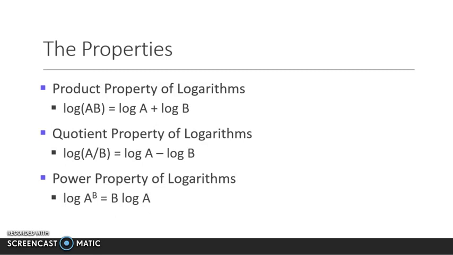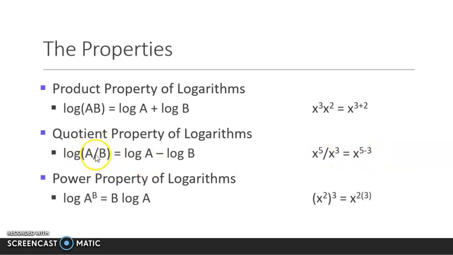So let me show you a little bit about why this works. These properties are related to the properties of exponents. Remember, when we're multiplying values with the same base, we add the exponents. Notice multiplication is changed into addition. With quotients, remember, when we're dividing values with the same base, we subtract their exponents.